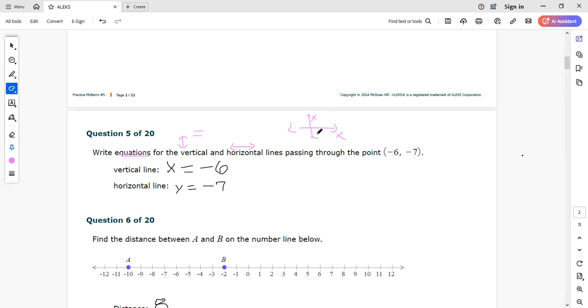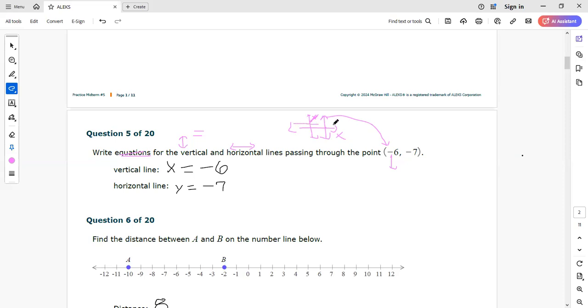When we see this x value here, this x coordinate, this produces a vertical line.